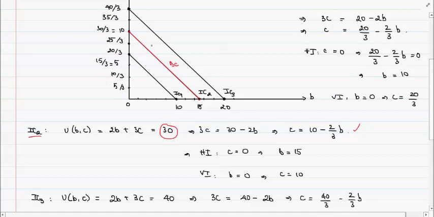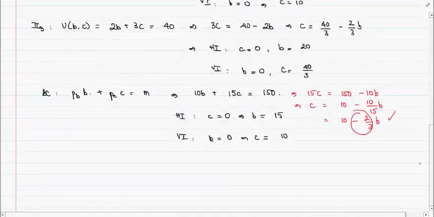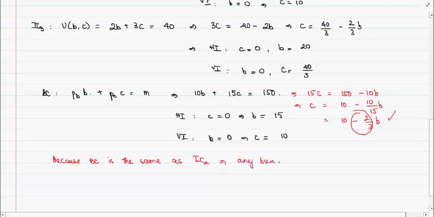Everything on the budget constraint is optimal because the budget constraint is the same as indifference curve 2, so any bundle on the budget constraint will have the same utility of 30.